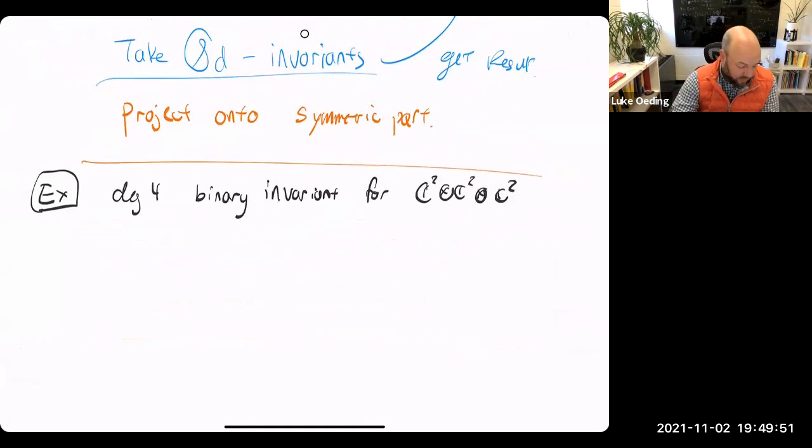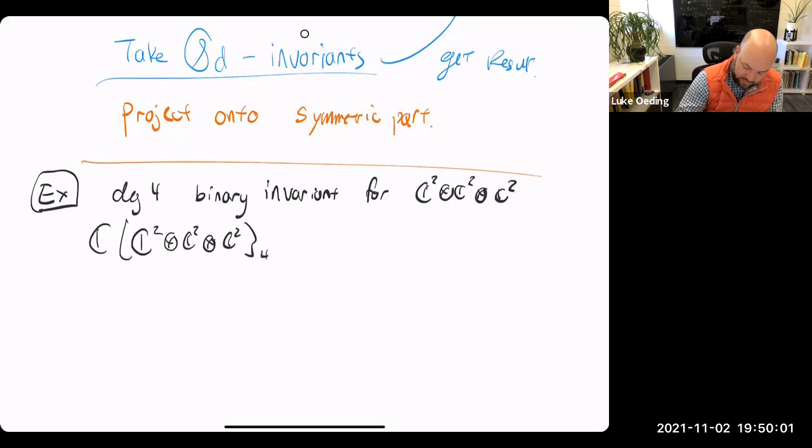Okay, so there is an invariant, it turns out. It's one dimensional. So we're looking at C2 tensor, C2 tensor, C2, and the coordinate ring C sub 4. And then it turns out there is a one-dimensional space of invariants here for the group GL2 cross 4 or cross 3.